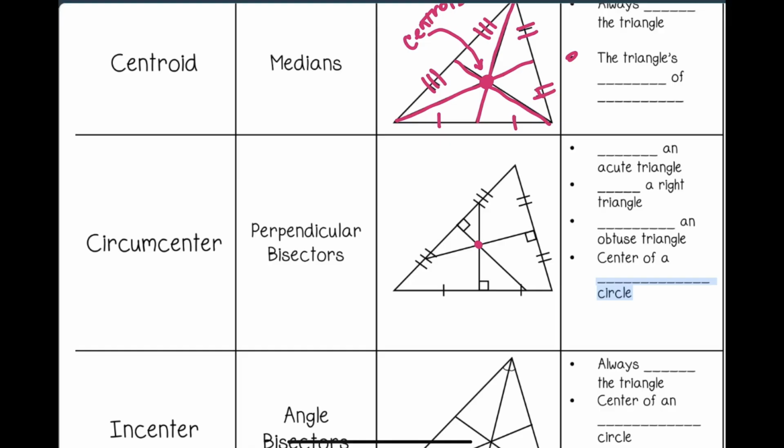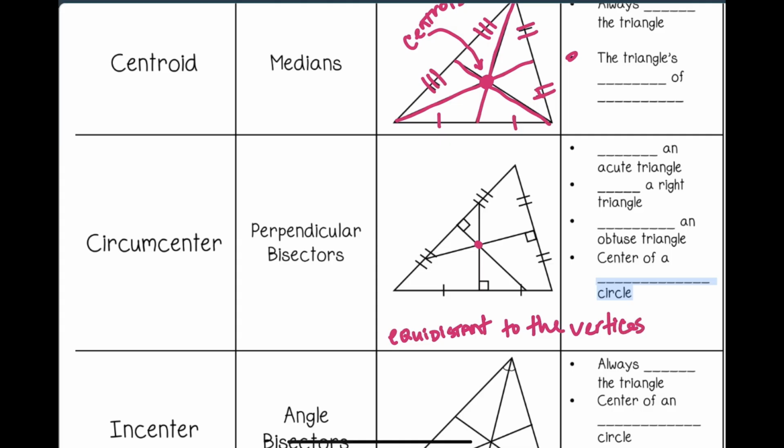And the thing about it is, it is equidistant, if you want to write this also. Or equidistant to the vertices.